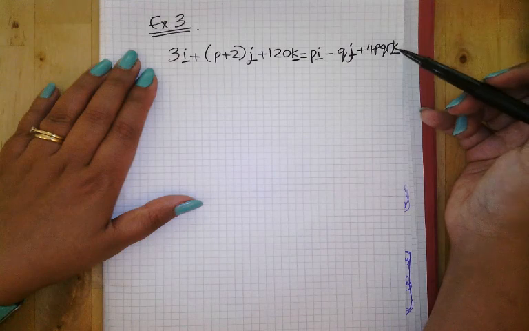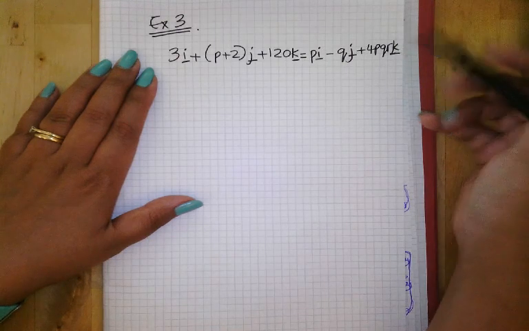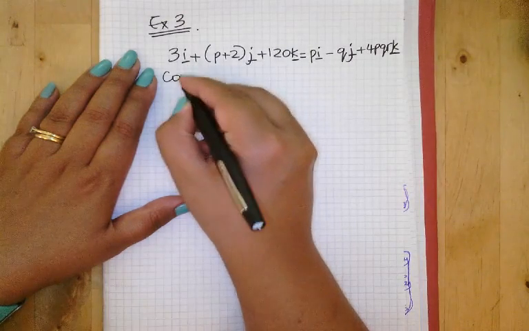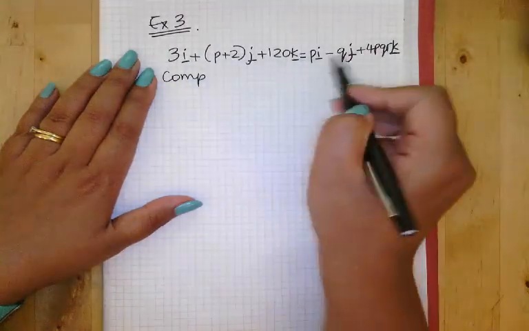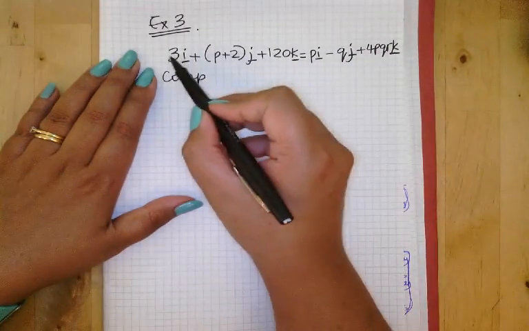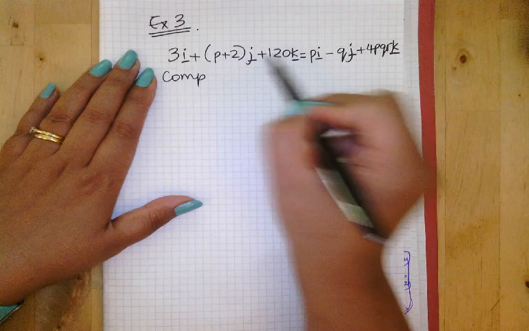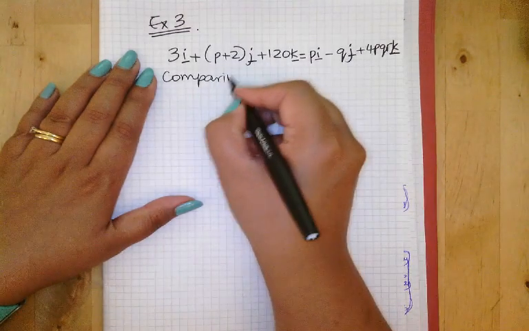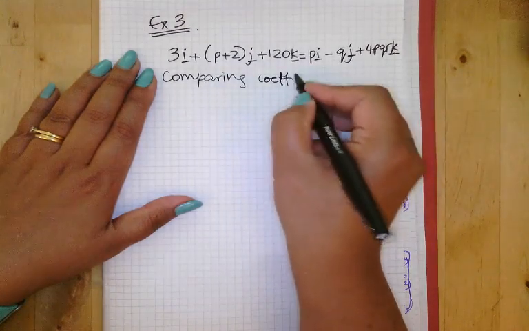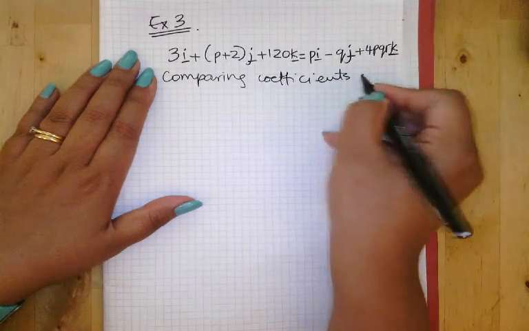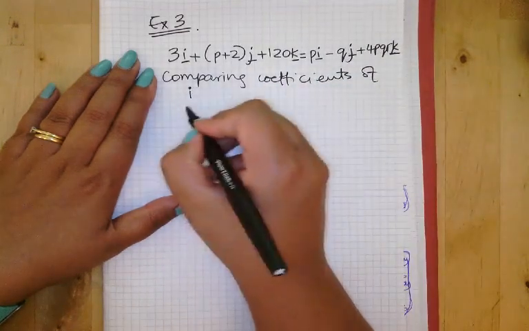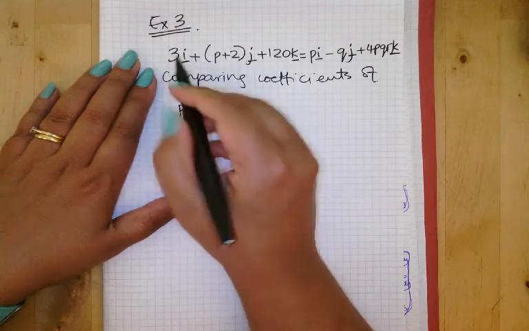Find the values of p, q and r. So compare coefficients. If this vector is equal to this vector, then obviously the individual components must be the same. So comparing coefficients of i will give p equals 3.